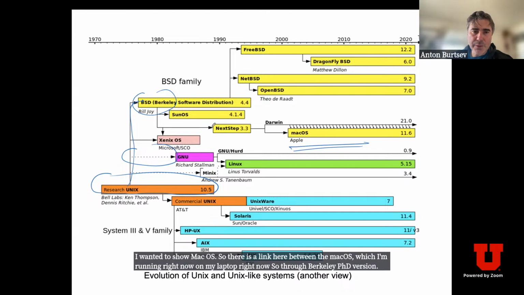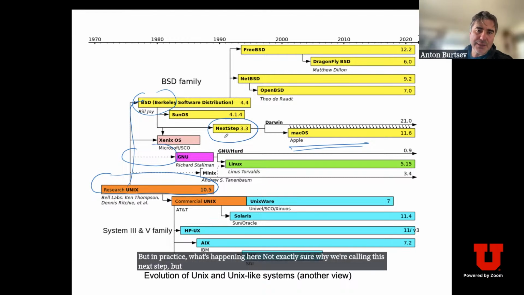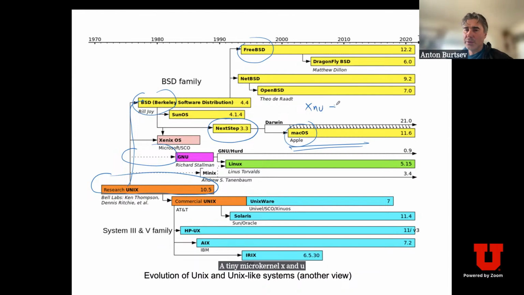But in practice, what's happening here, not exactly sure why we're calling this next step, is that macOS runs a version of a BSD kernel as part of its architecture. So essentially macOS is a very powerful GUI on top of a tiny microkernel, XNU, which runs FreeBSD, and on top of it there is a Mac.